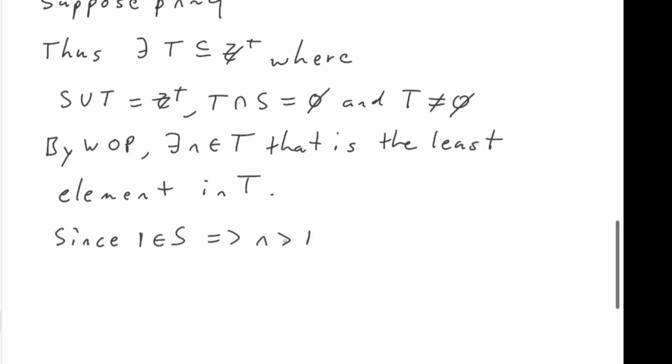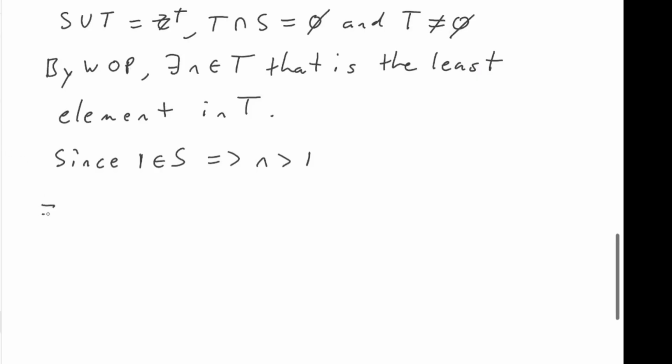Since n is an element of T and T is a subset of the positive integers, and 1 is an element of S, 1 being the least element in the set of positive integers, that means this n that's in T must be bigger than 1, right? And of course, just like last time, this implies that 0 is less than n minus 1, right? If we subtract 1 from both sides, n minus 1 is bigger than 0. And of course, this is less than n. Okay?